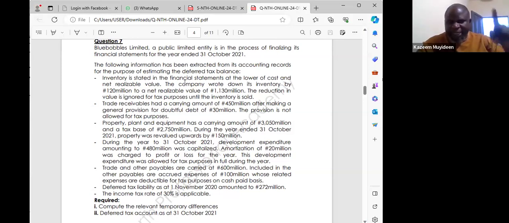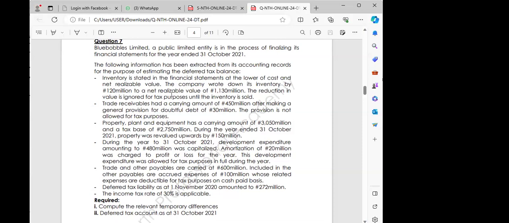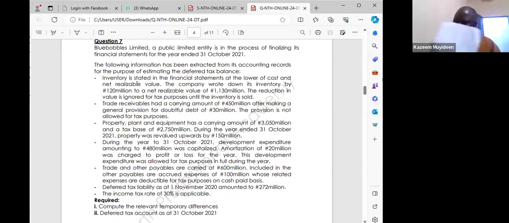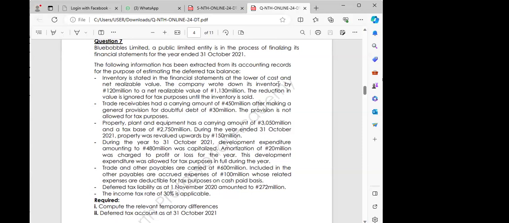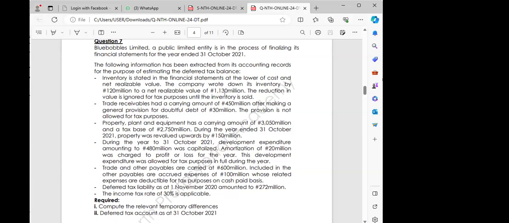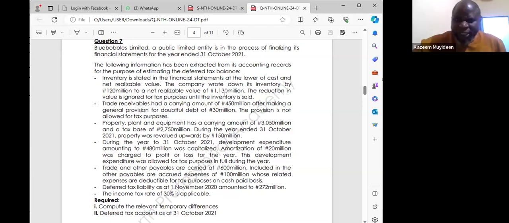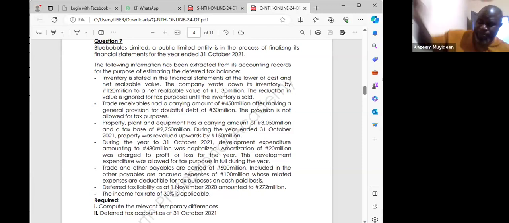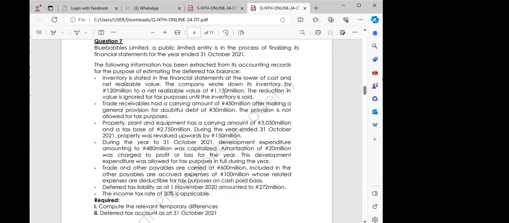The one for the year, as inventory is stated in the financial statements at the lower of cost and net realizable value. Who uses these principles? IAS 2, the accountant. It does not concern tax people. The company wrote down the inventory by 120 to a net realizable value of 130. So what is going to be in the books of the tax people? I will apply that accounting principle.